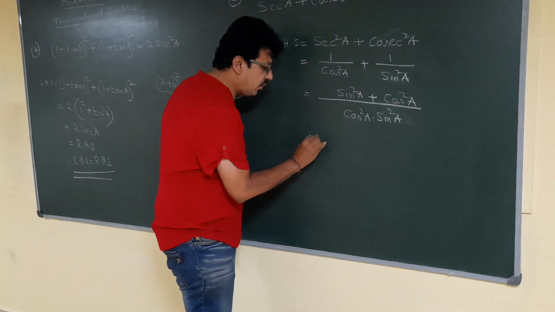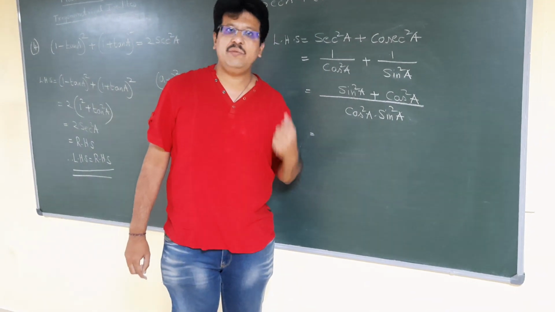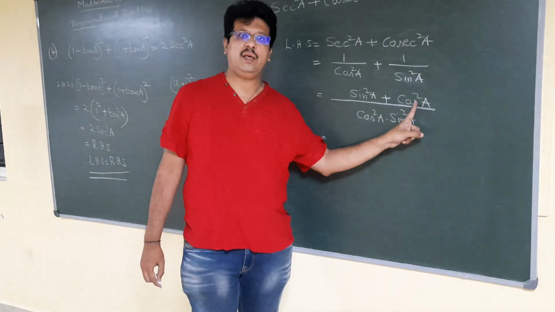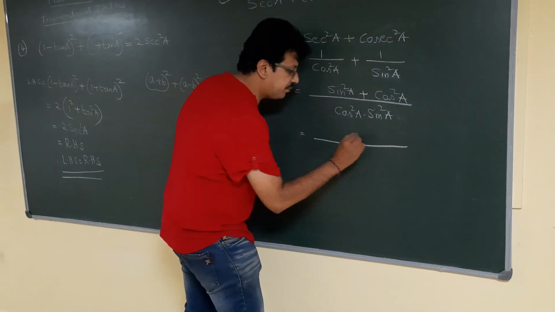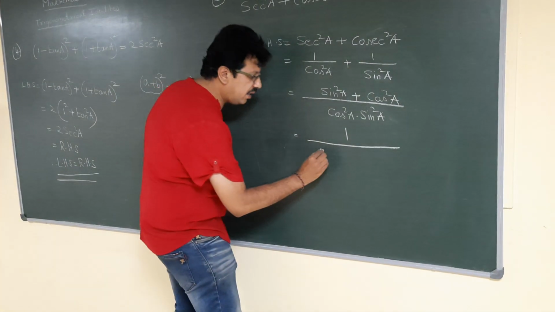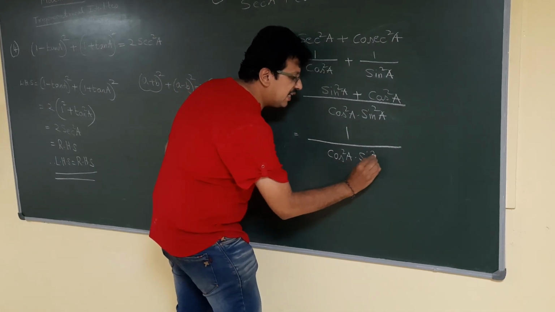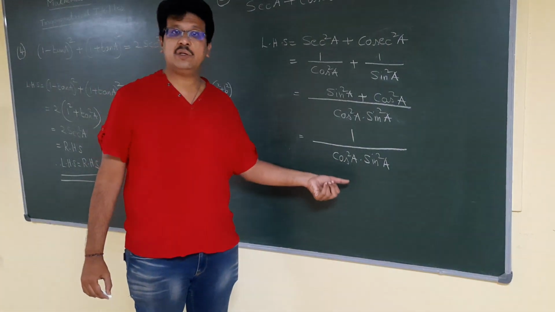So that is equal to, again, children, you have to be very clear about the identity. We have to come back to the first identity. Sin square a plus cos square a is 1. So that is a very, very important thing we should learn, children.